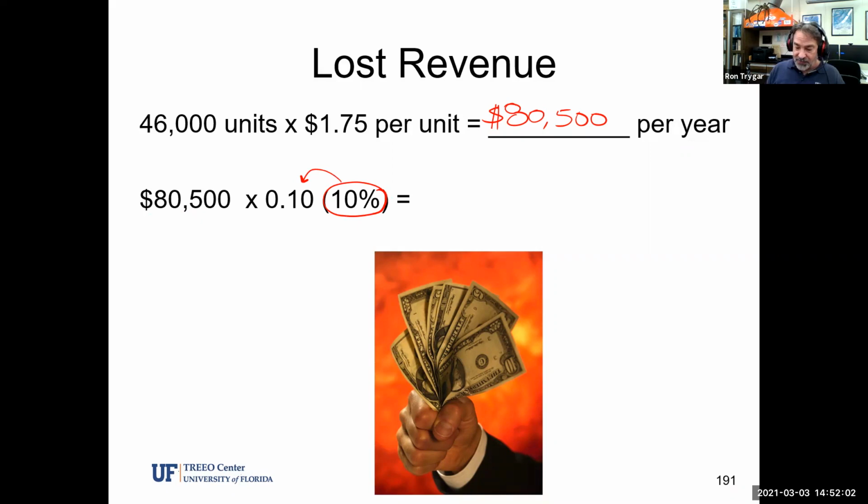So 80,500 times 0.1 gives me $8,050 per year of revenue that's lost because of 10% inaccuracy. So $8,050 lost per year. That could be a lot of money to a small utility.